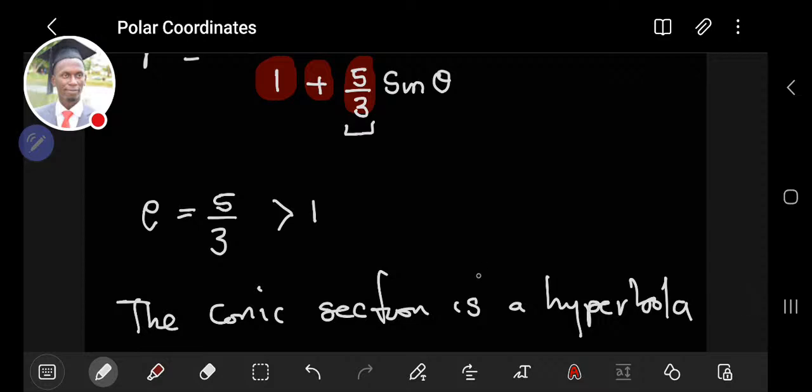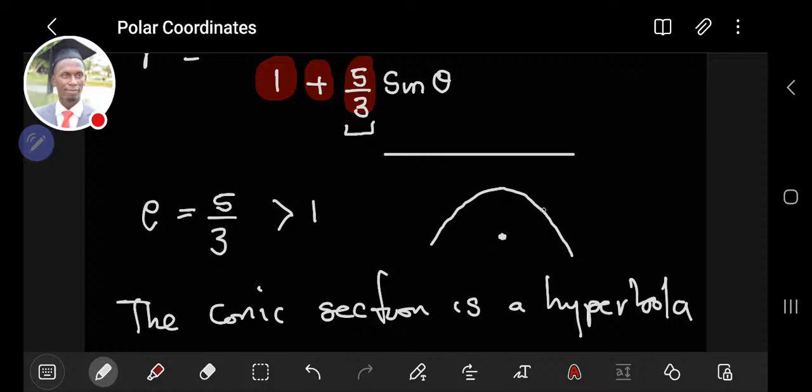Now, once we have specified that this is a hyperbola, we can also specify how it behaves. Of course, here when you look at this being positive, it opens facing in the negative direction. So we expect that the directrix is going to be something like this. But of course, a hyperbola will have two pieces. The main piece, this piece that I'm drawing here, is the piece whose focus is at the origin.